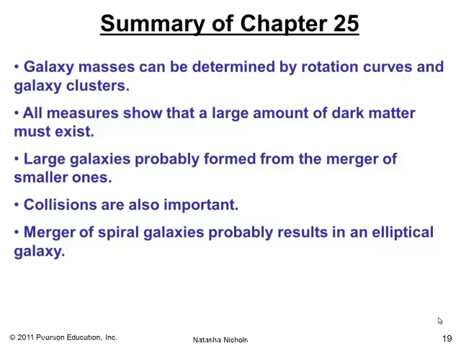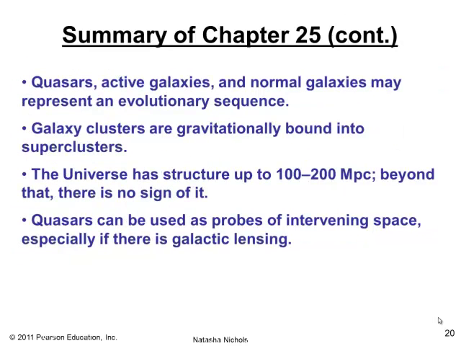So the summary of Chapter 25, we talked about the galaxy masses and how they can be determined by the rotation curves and the galaxy clusters. All measures show that a large amount of dark matter must exist. Large galaxies probably form from the merger of smaller ones, which is why collisions are very important. Merger of spiral galaxies probably results in an elliptical galaxy.